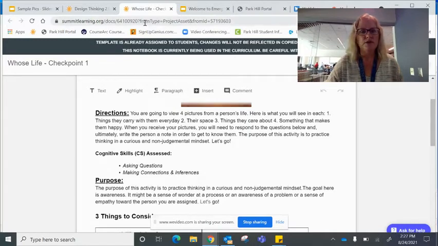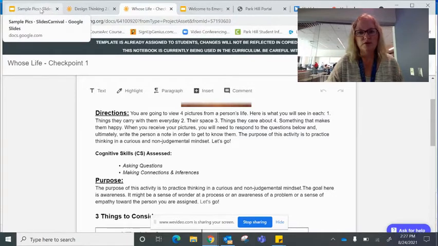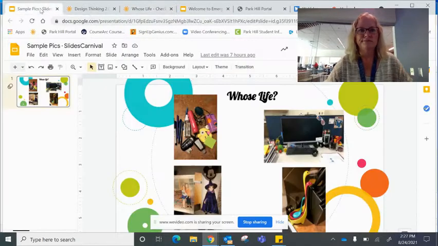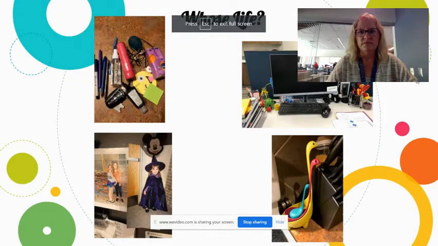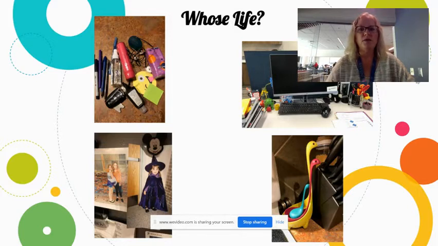So real quick, I'm going to show you, you are going to get someone's pictures right now. And there they are. So you have 4 pictures from someone's life. I will tell you that you most likely know this person. Maybe not, but I think you probably do. The top left-hand picture is things that they carry with them every day.